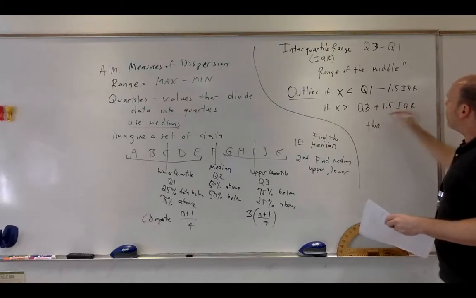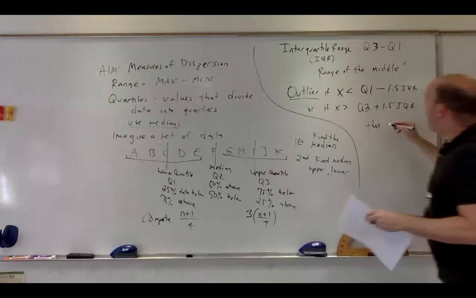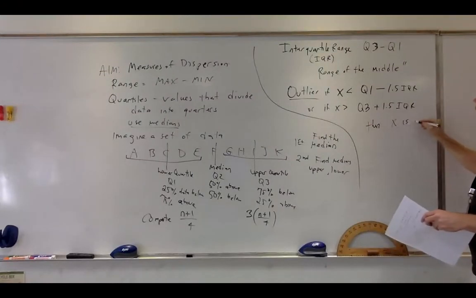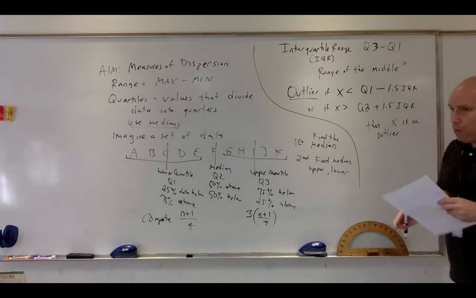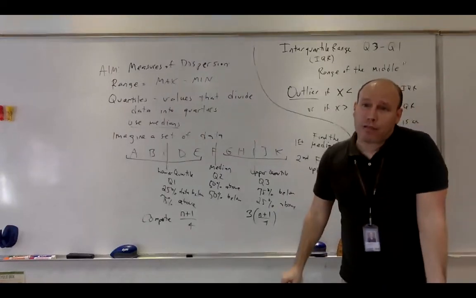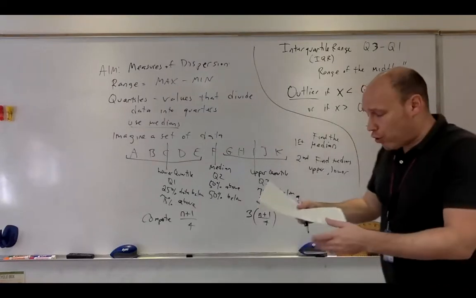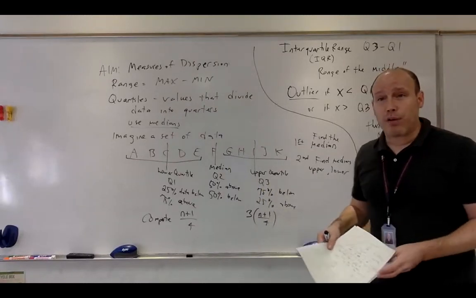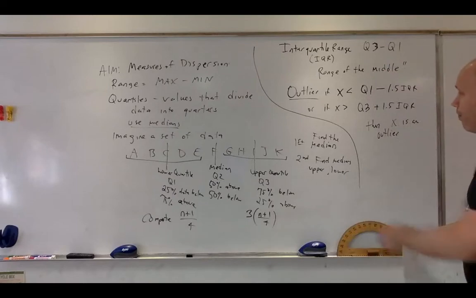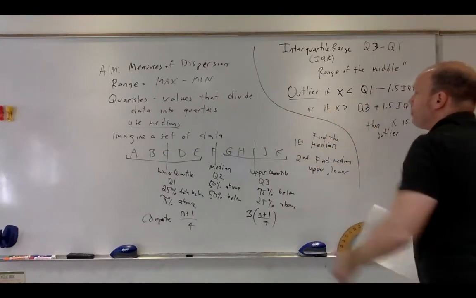Then x is an outlier. Once again, this is just a mathematical explanation. You decide what you want to do with it. So what we're going to do next is go to the graphing calculator, and I'm going to show you how to get all this information.